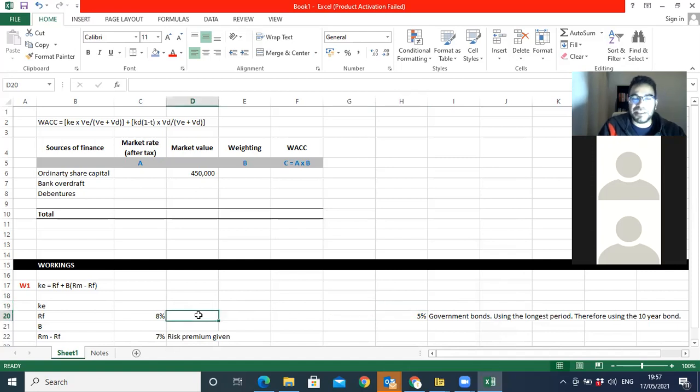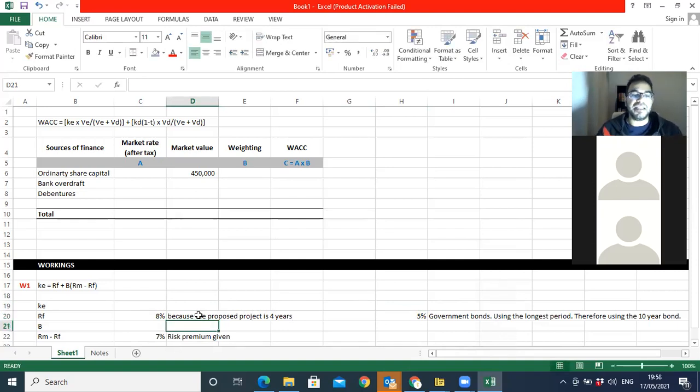Here they're using 8%, which is the 4-year bond, because the proposed project is 4 years. Maybe they have an argument, but that is not exactly how it gets done. So please take note of that.